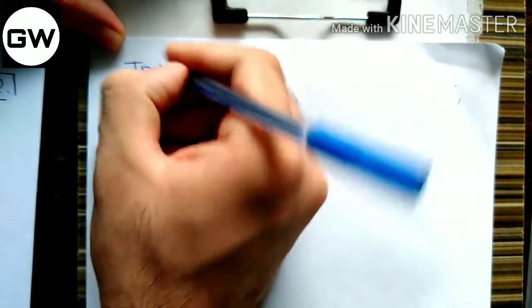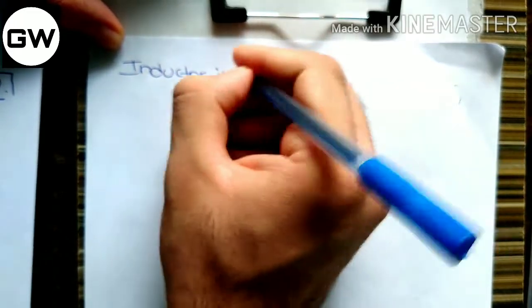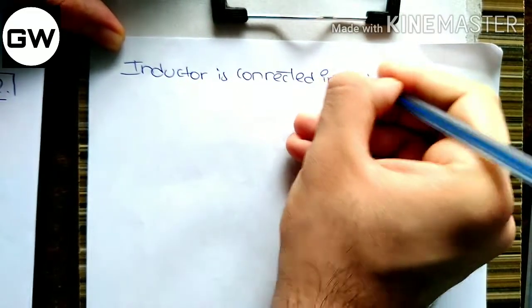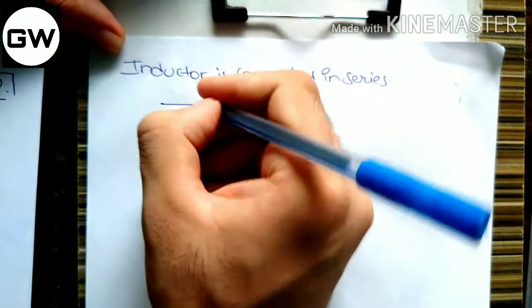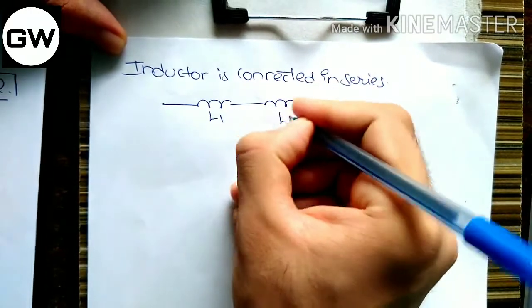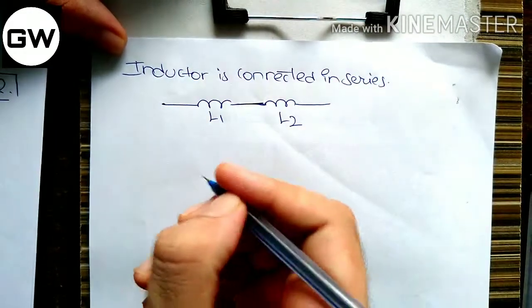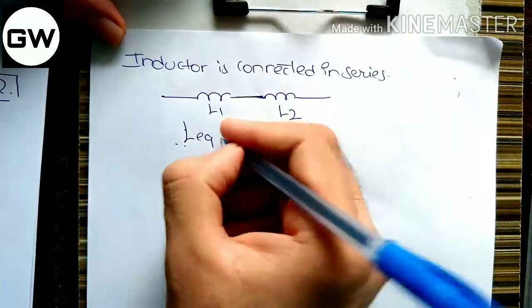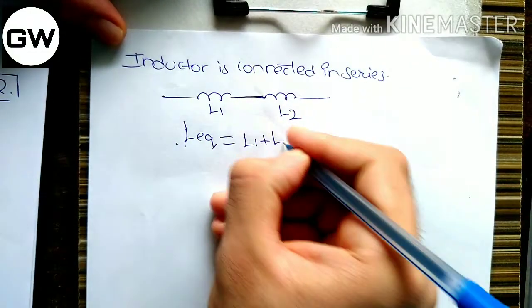Now when inductors are connected in series, what is the equivalent inductance? This is inductor L1 and this is inductor L2, connected in series, end to end. The equivalent inductance L equivalent will be equal to L1 plus L2.